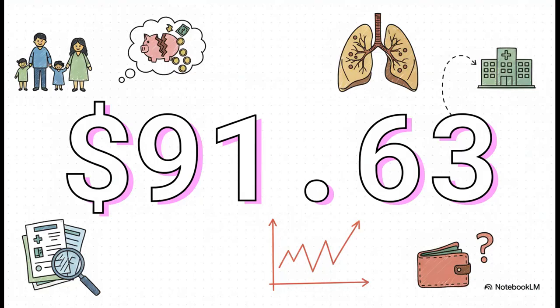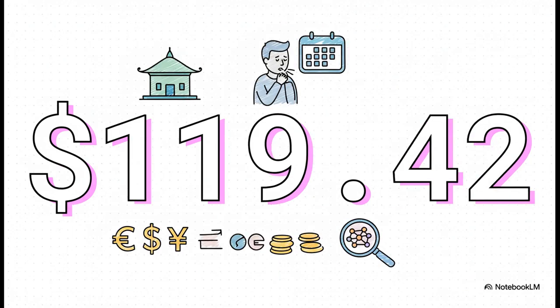First up, the snapshot, that standard single interview survey. It estimated that the median total cost for a patient to get through their entire TB treatment was about $91. Now, you have to remember, this is in a country where for a lot of people, that is a huge amount of money. But hold on. When they looked at the full story, the complete security footage, they found a much higher median cost, almost $120.